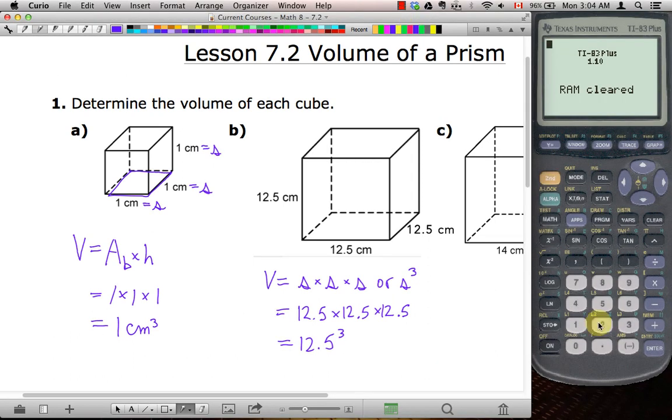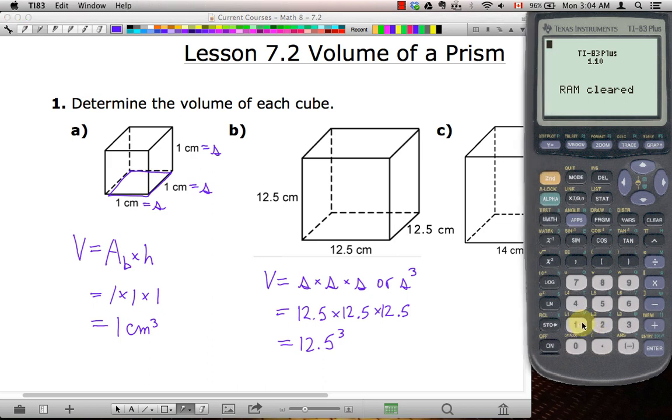So here I've got my calculator, and I'm just going to do 12.5 times 12.5 times 12.5 to show you the one way of calculating this. You can see it's a lot of button pressing. It'd be nice if we have a way of cubing it without having to repeatedly multiply. And there is.